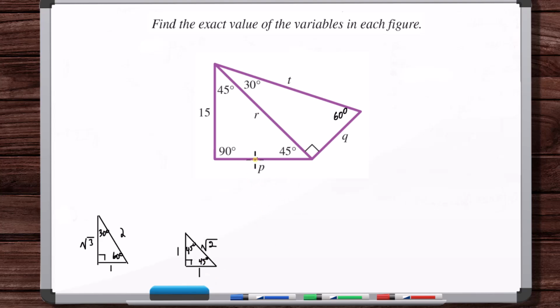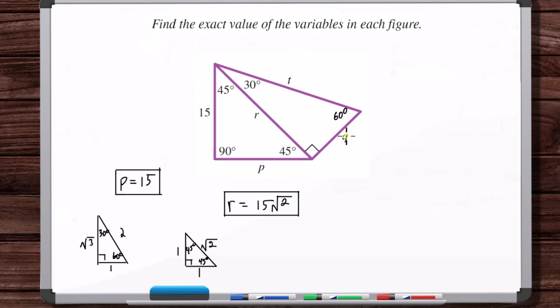With this 45, 45, 90 triangle, we can see that P is going to be 15, right? So P is 15. But then what is R? R is just going to be 15 root 2. Now, again, you could apply the trig functions and you get the same values, but that's the idea. The proportions are the same, okay?